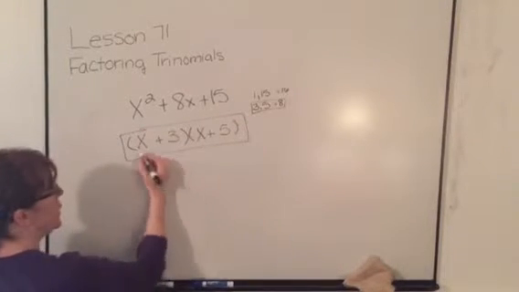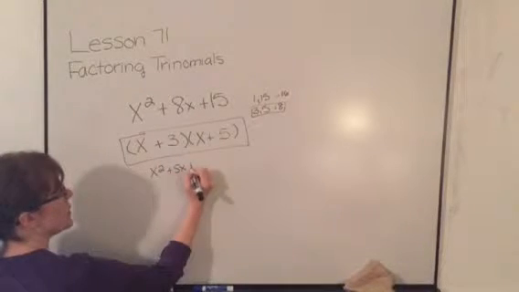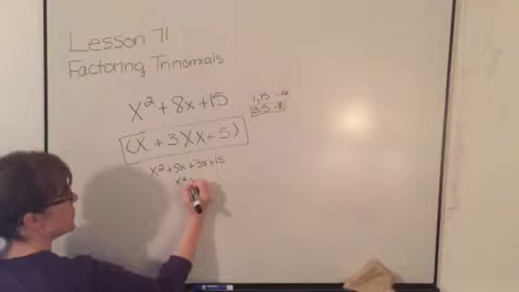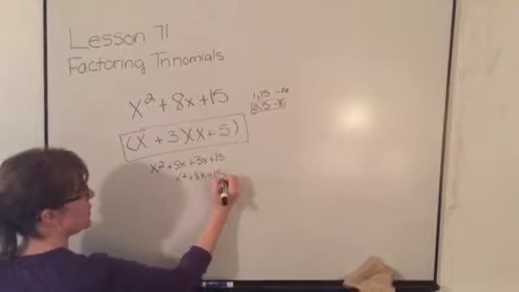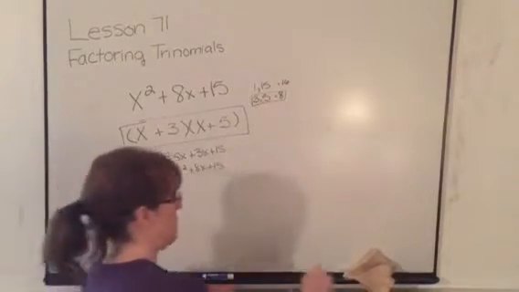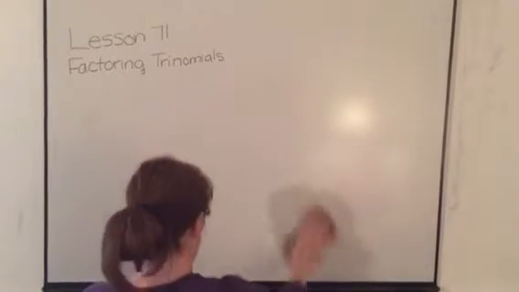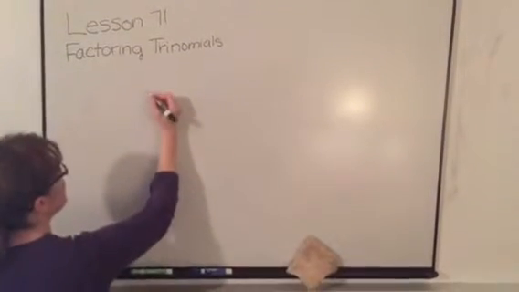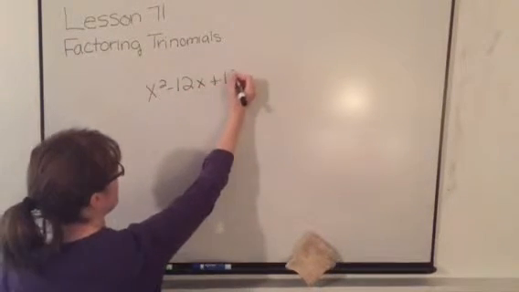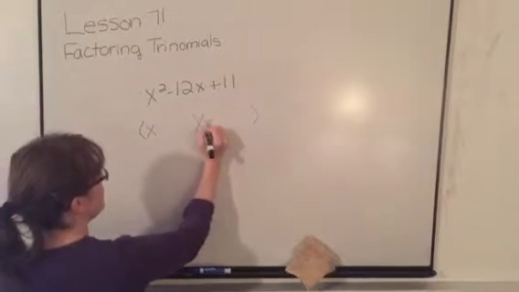If I multiply it back out, I get x times x is x squared, plus 5x plus 3x plus 15, which is x squared plus 8x plus 15. Okay, let's try one that has subtraction in it. Okay, we'll do x squared minus 12x plus 11. I'm going to put my x's in.